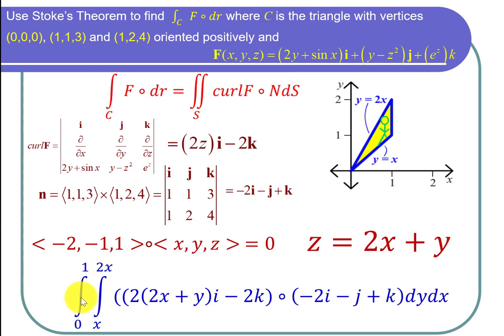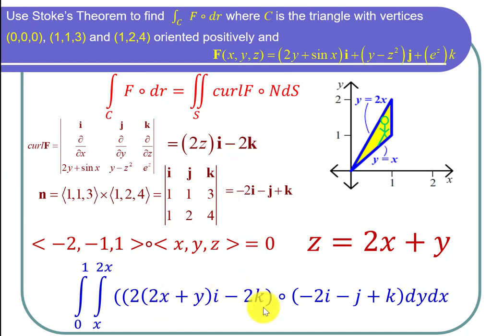So I can write down the double integral from 0 to 1 of the integral from x to 2x of, and now the curl of F was equal to 2z i minus 2k, but z was 2x plus y. So I can substitute and write 2 times (2x plus y) times i, minus 2k.